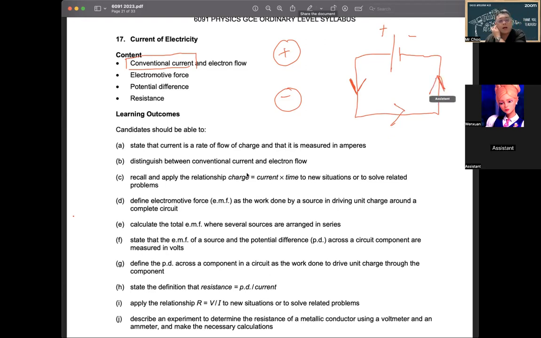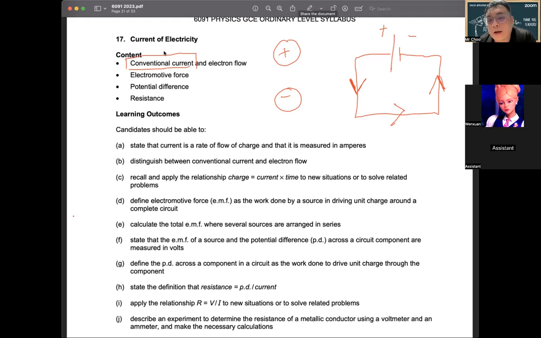So in all our calculations, in all our formulas, we are assuming that a positive charge moves from a positive point to the negative point. That is conventional current. But we learned in the last chapter that in a substance, the protons, or the positive charges, are fixed in the nucleus of an atom.